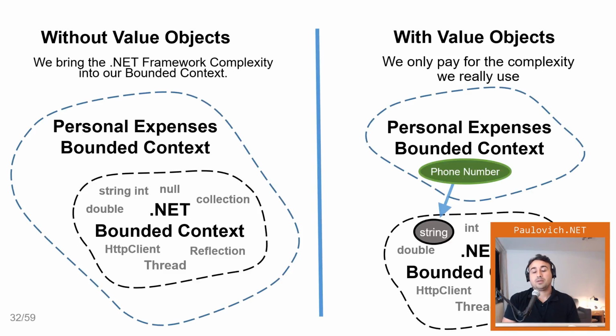So my bounded context, which has the intent of personal expenses, is huge because I bring a lot of stuff that I don't want to know about.